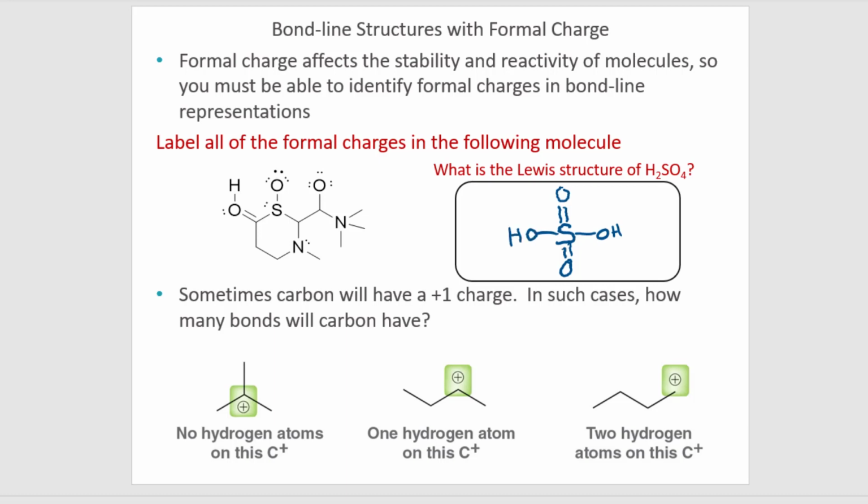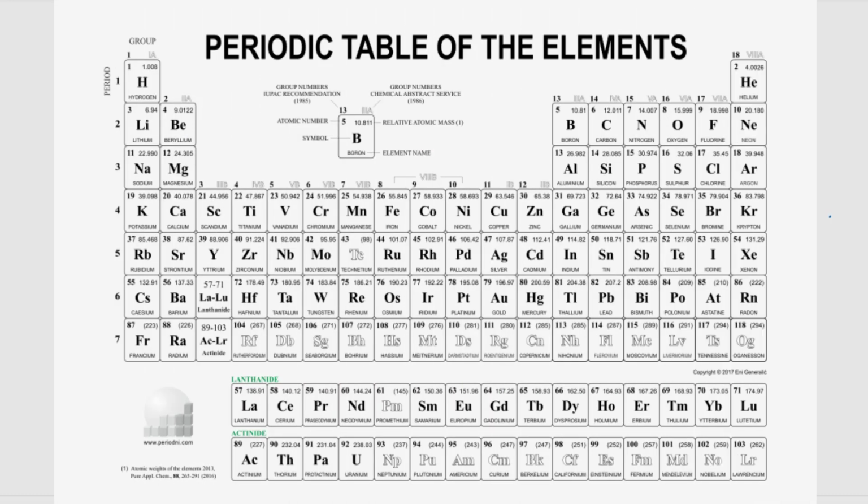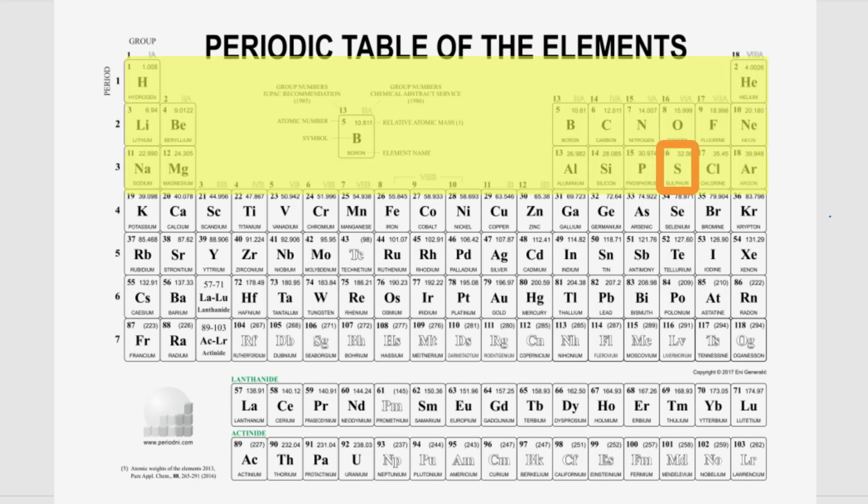What you'll notice is that the structure for this molecule has an extended or expanded octet. Let's take a look at the periodic table and see where sulfur is. Notice that sulfur is far enough down that if you do the electron configuration for sulfur, it has what?